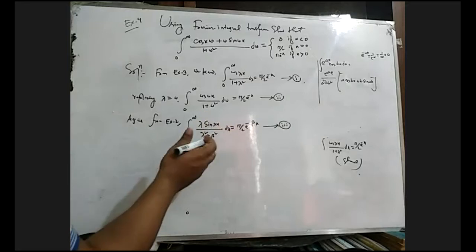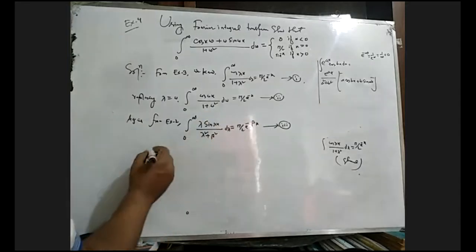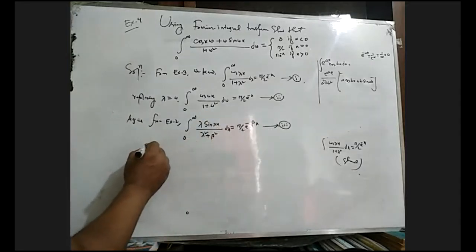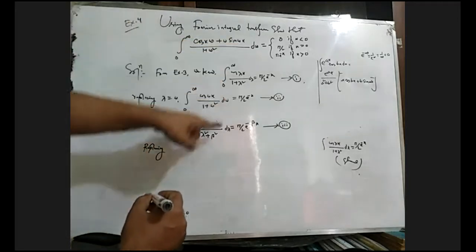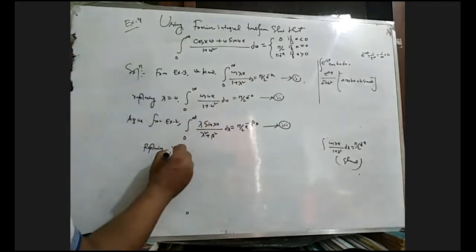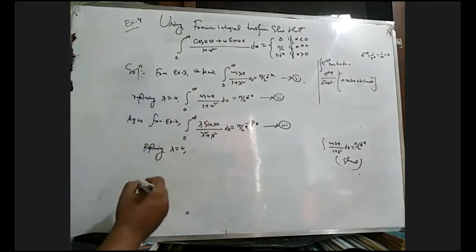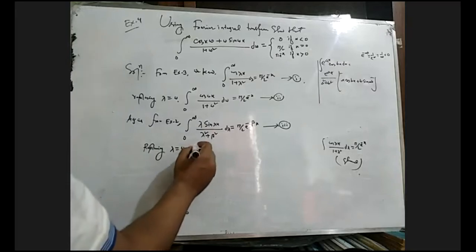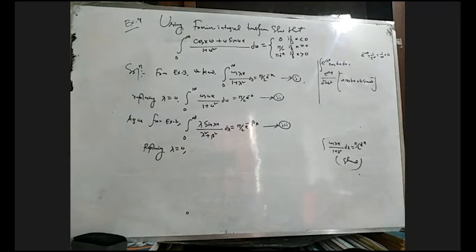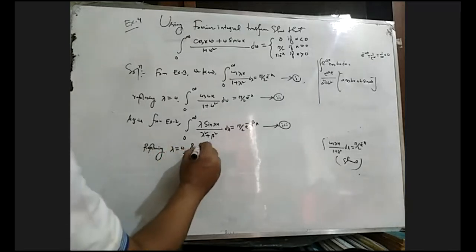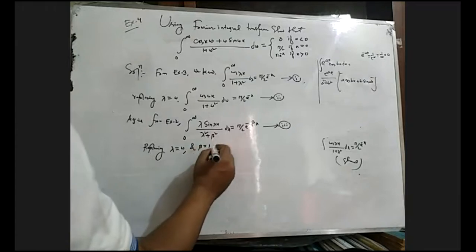Then this result is equal to this. So replacing here to get this one, omega sin omega x: lambda equals omega, and beta equals 1.